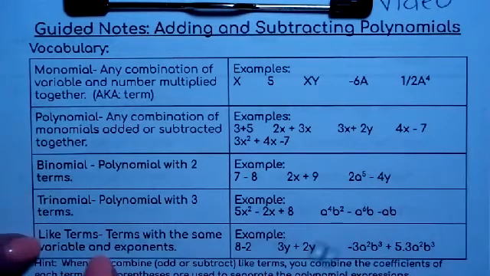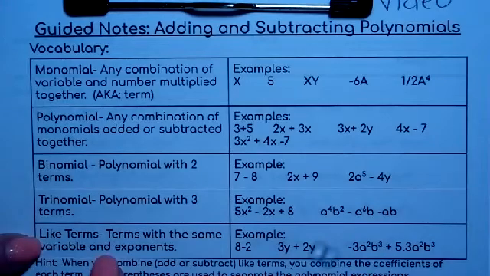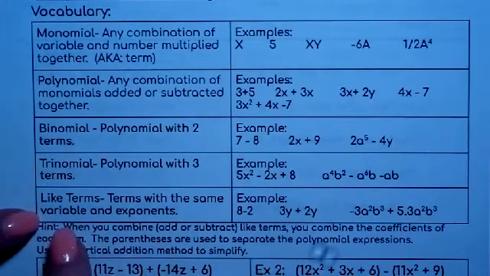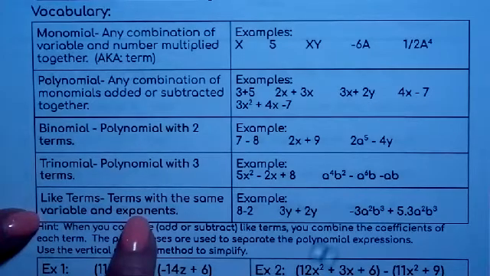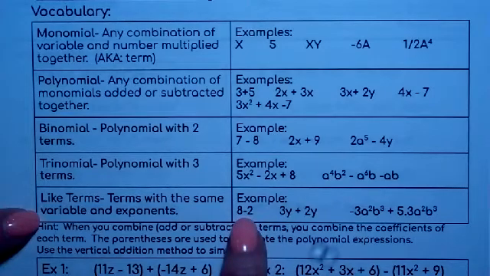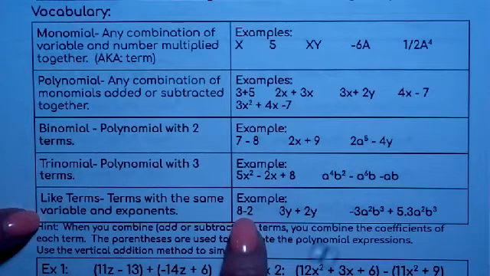Now, the last vocabulary word we have used before, and it's called like terms. Now, in the past, you were taught that like terms would have the same variable. But as we move higher in math, we have to expand that to say not only the same variable, but the same exponent. Okay, so actually those numbers in elementary school that you used, they are like terms.